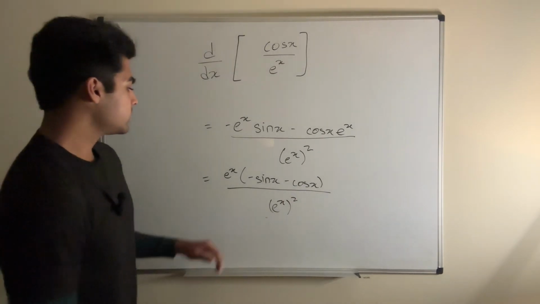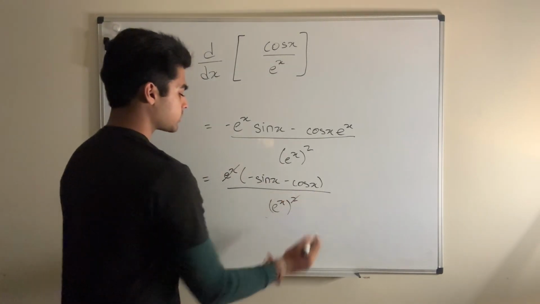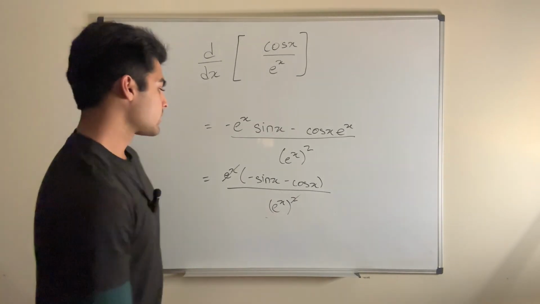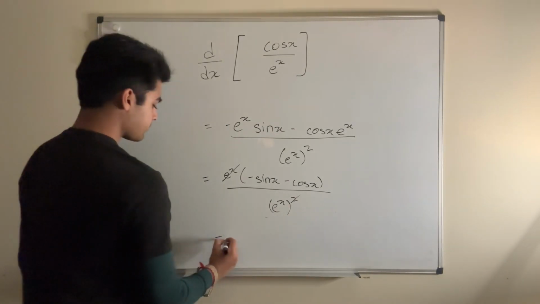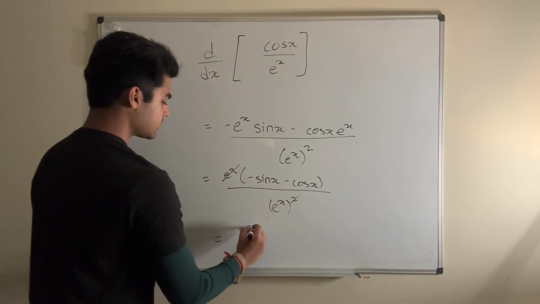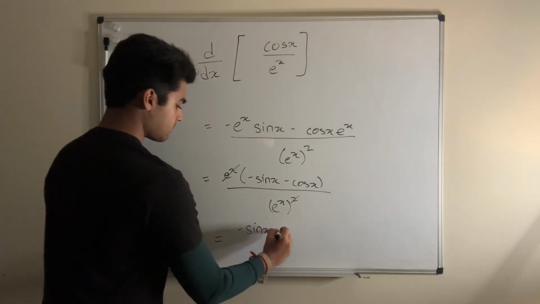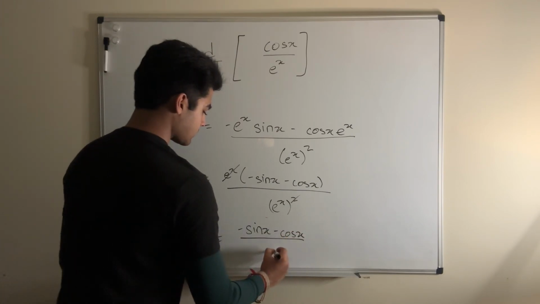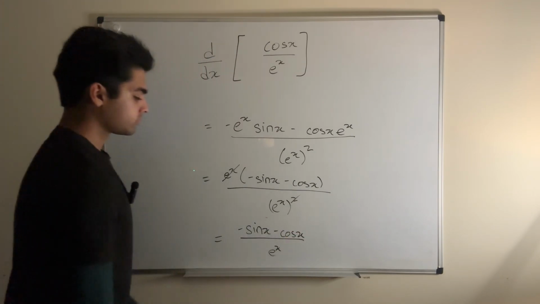And now what we see is that the e to the x and the e to the x squared cancel out. So now we're just left with e to the x on the bottom. So here we're just left with negative sine x minus cosine x over e to the x.